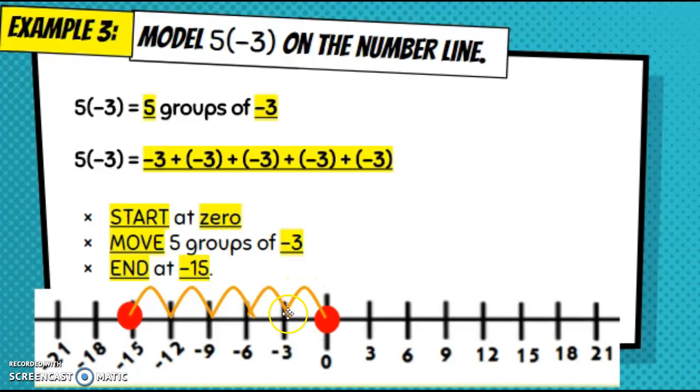So to the left, -3, -6, -9, -12, -15. If the number in the group is negative, you have to go to the left. So that's why a positive times a negative equals a negative. And in this case, we end at -15, and we know that 5 times -3 equals -15.